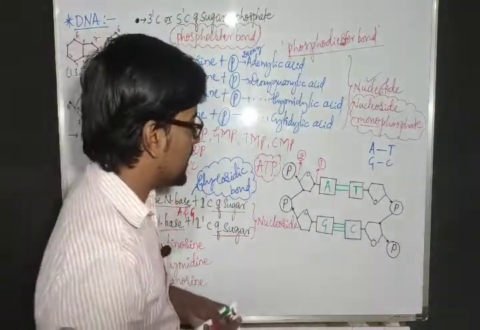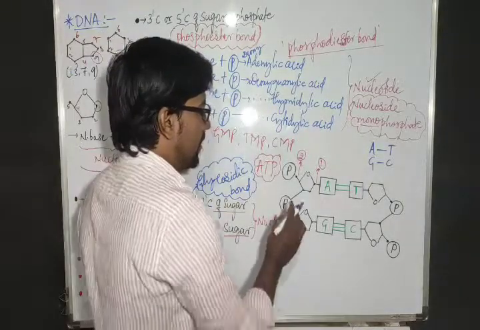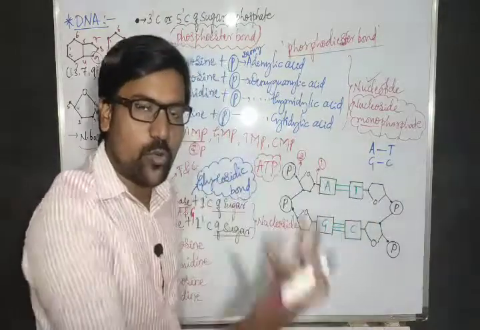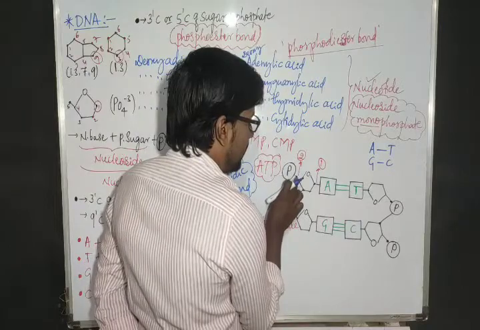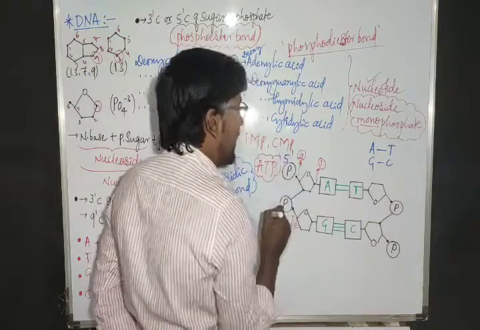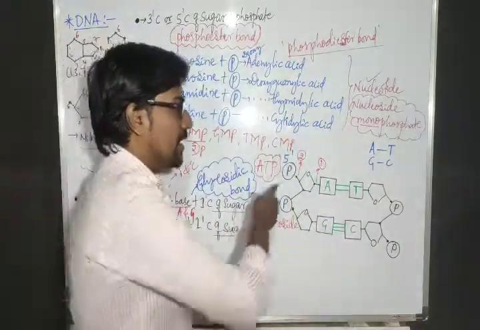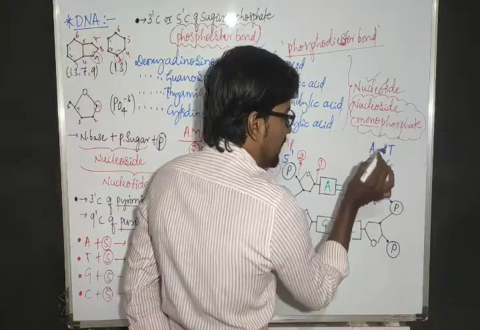Now, see here, one interesting thing. This side and that side, the sugar molecule orientation is opposite. Here the fifth carbon is combined to the phosphate. I will mention this end as 5'. That side, here, 1, 2, 3.